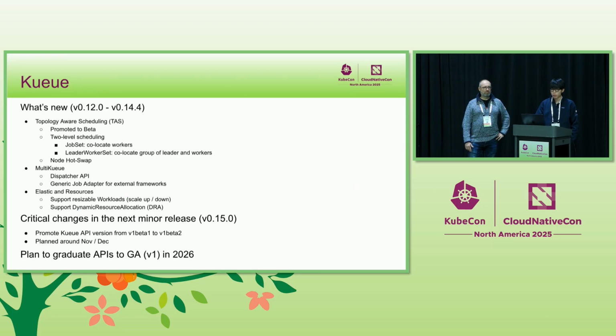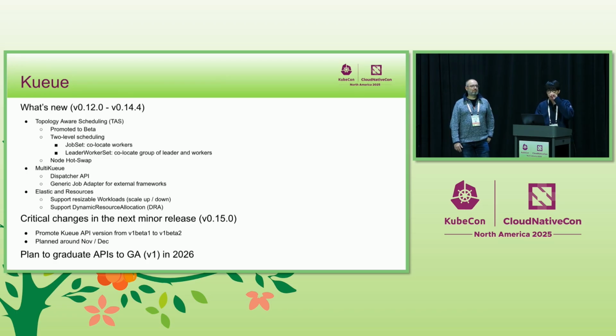So what's new in Kueue? Recently, topology-aware scheduling was promoted to beta, and it now supports two-level scheduling. Regarding MultiKueue, it newly supports a dispatcher API to extend how to dispatch workloads in a custom way.